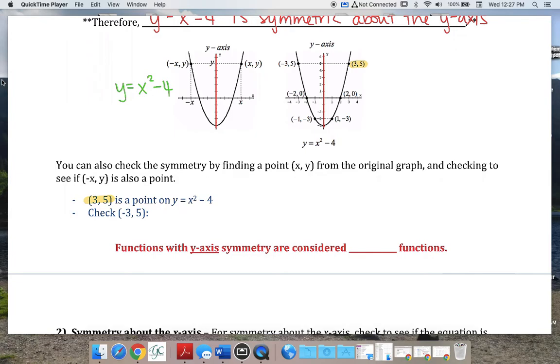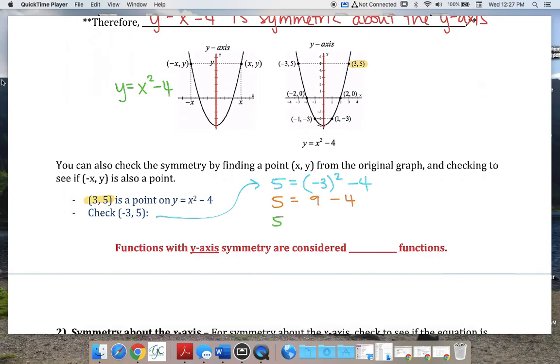So let's plug those in. So I'm just going to bring it over here so that I have more space. So we're going to plug in negative 3 for x and 5 for y. So now I'll have 5 equals negative 3 squared minus 4. Negative 3 squared is a positive 9.